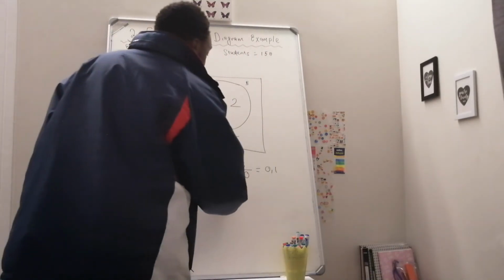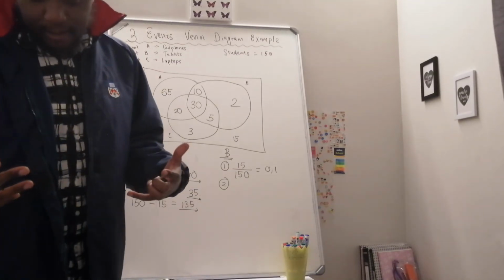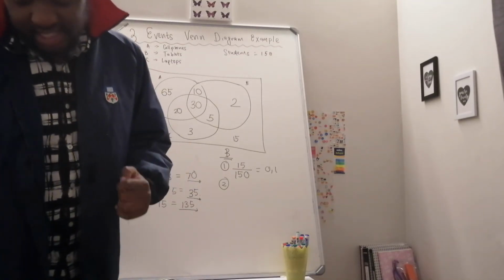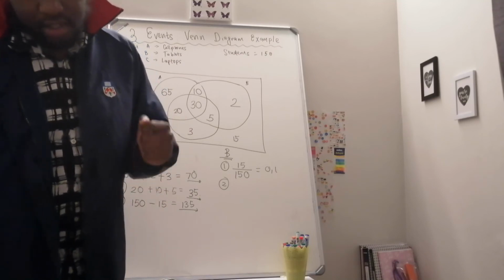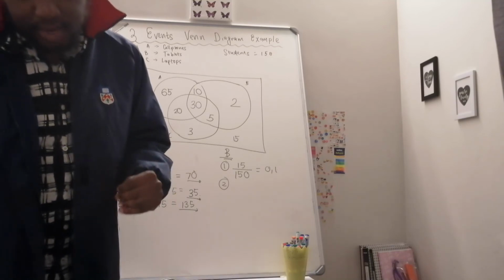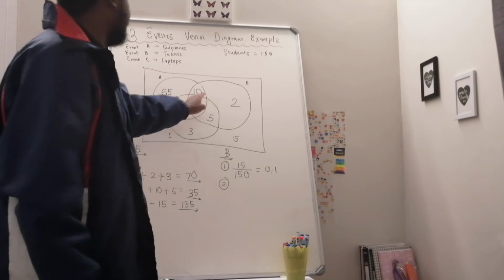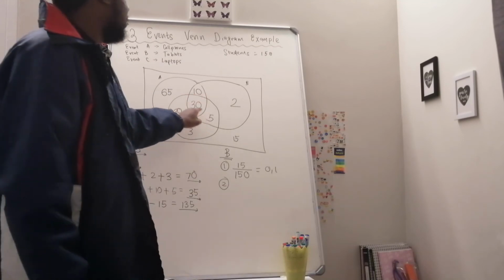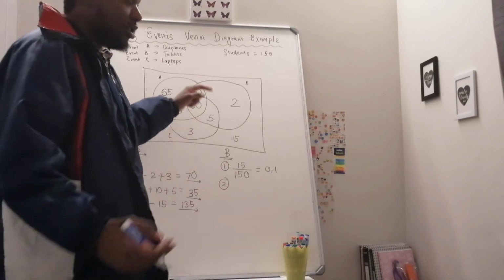right? Number two, it asks if one teenager is selected from the group, what is the probability that he or she owns at least two of the three devices? Two of the three devices starts from there, right? But I'm going to add the 30 as well, because it says at least.